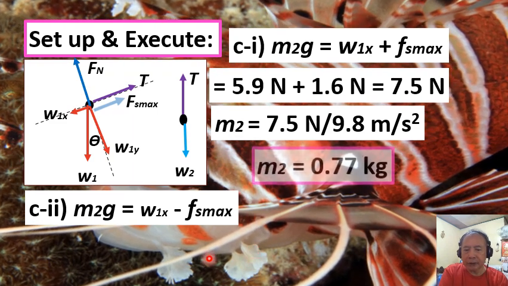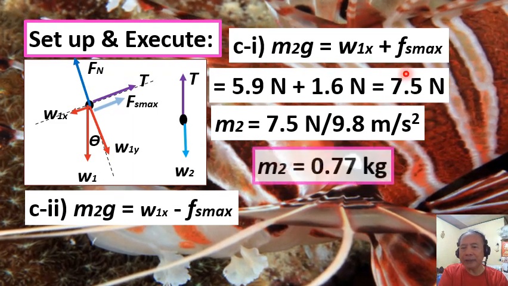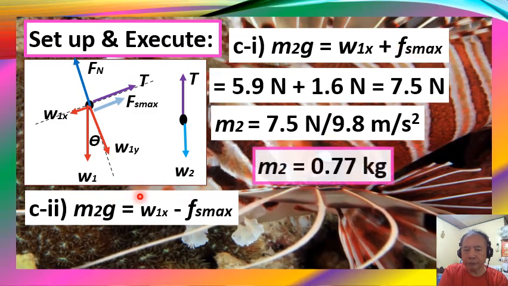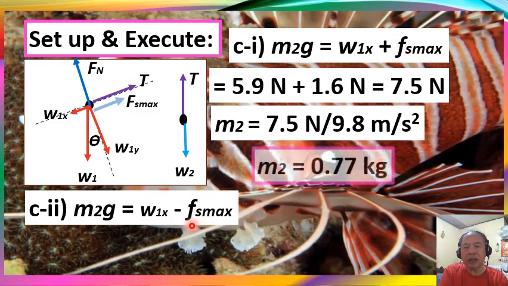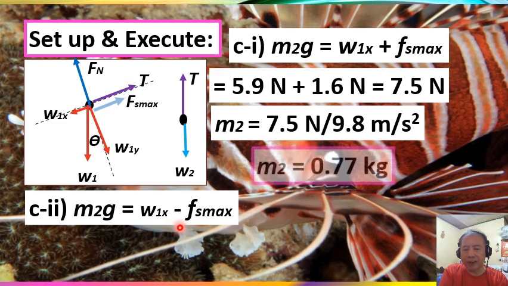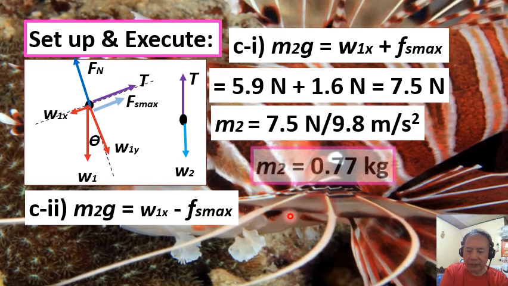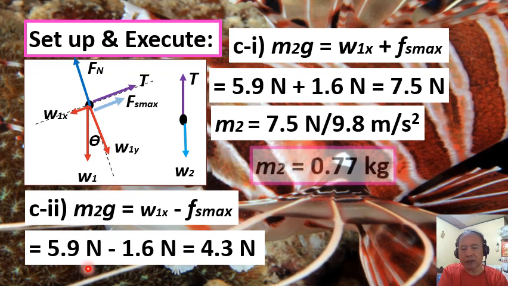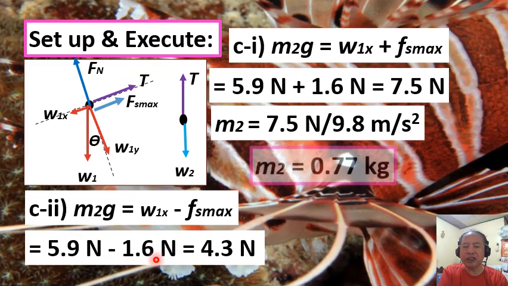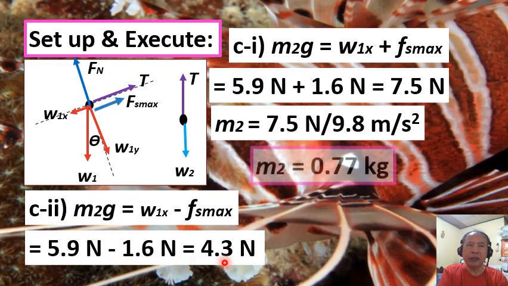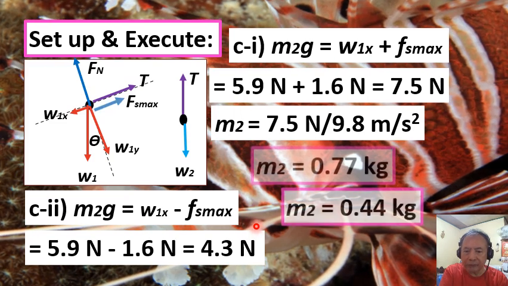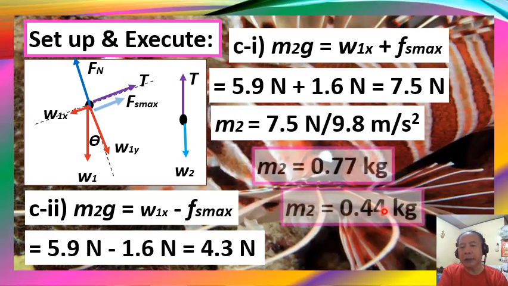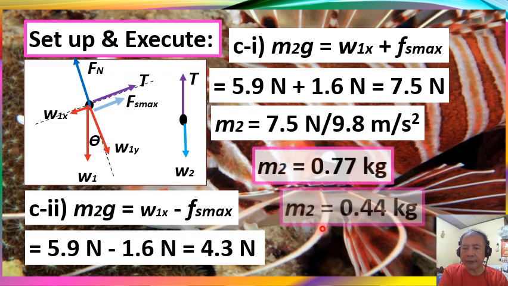So instead of adding the maximum static friction, we deduct it from W sub 1x. That is, M2G equals 5.9 newtons minus 1.6 newtons, which is 4.3 newtons, with the corresponding mass M2 equal to 0.44 kilogram.